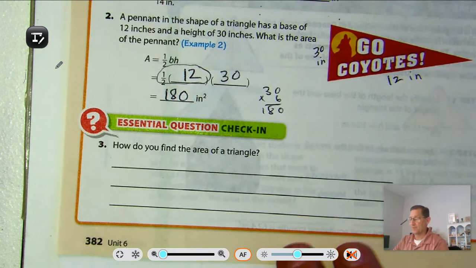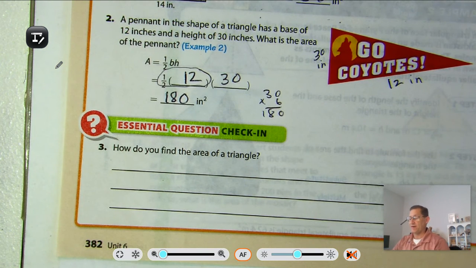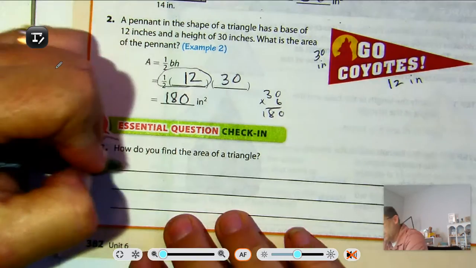Number 3. How do you find the area of a triangle?